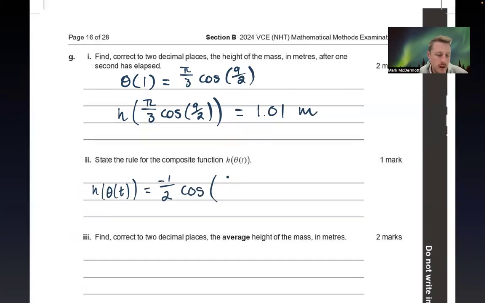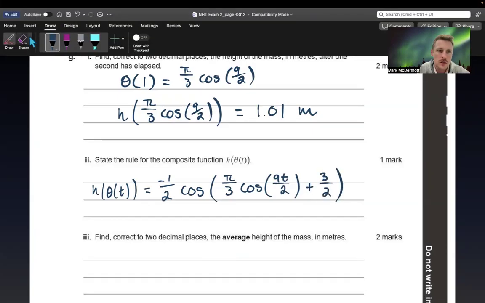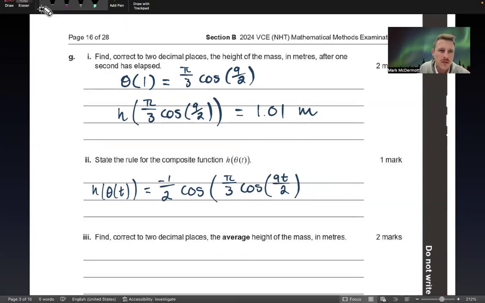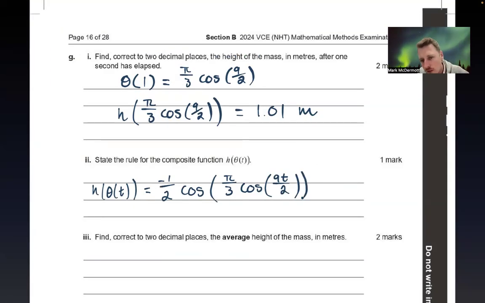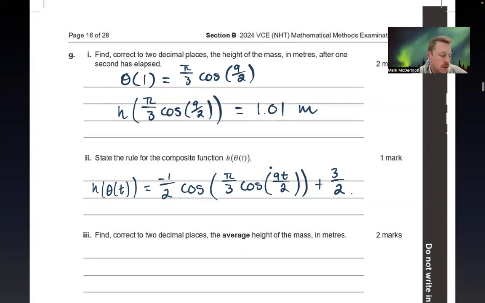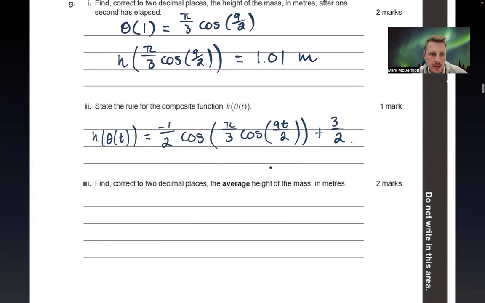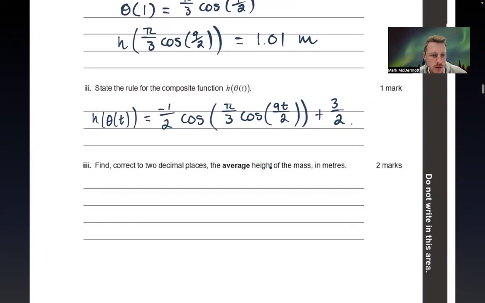There's going to be pi on 3 cosine of 9t on 2 plus 3 on 2. That 3 on 2 is outside the brackets. Okay. Something feels off about that, but that's what I think it is.